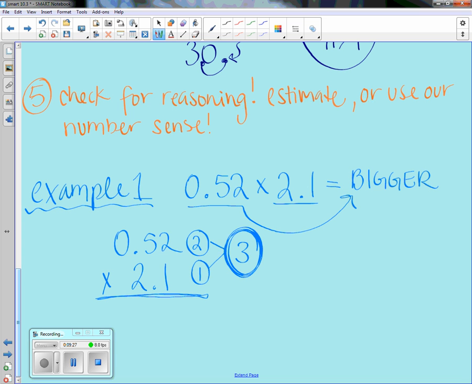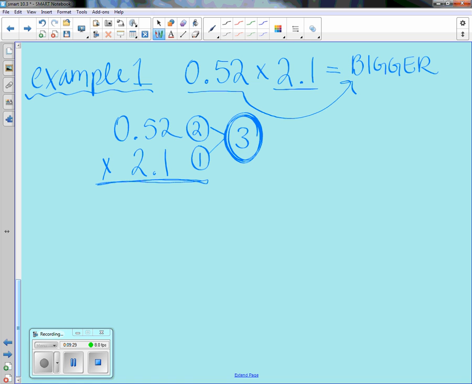Now, you can either rewrite it or just multiply ignoring the decimals. I like to just ignore the decimals, but if you wanted to rewrite it, you would rewrite it as 52 times 21, and you would just remember the 3 circled over here. So, I'm going to multiply just like normal. I'm going to do 1 times 2 and we get 2, 1 times 5 and we get 5, 1 times 0 and we get 0.